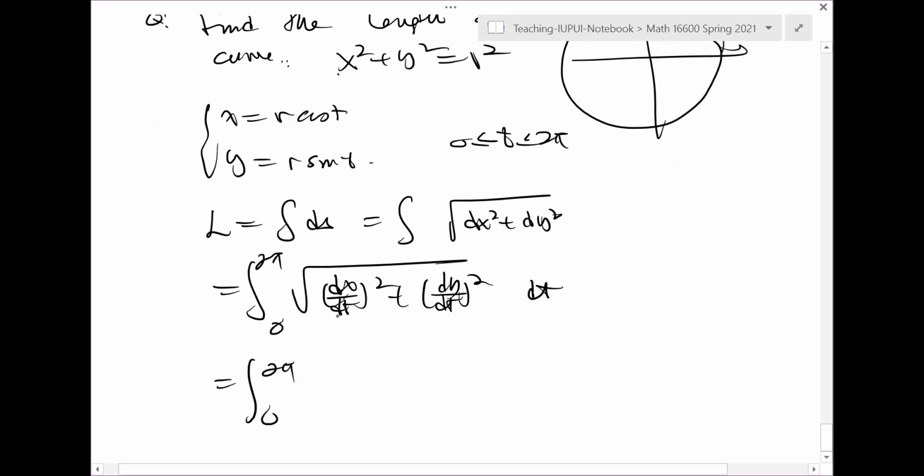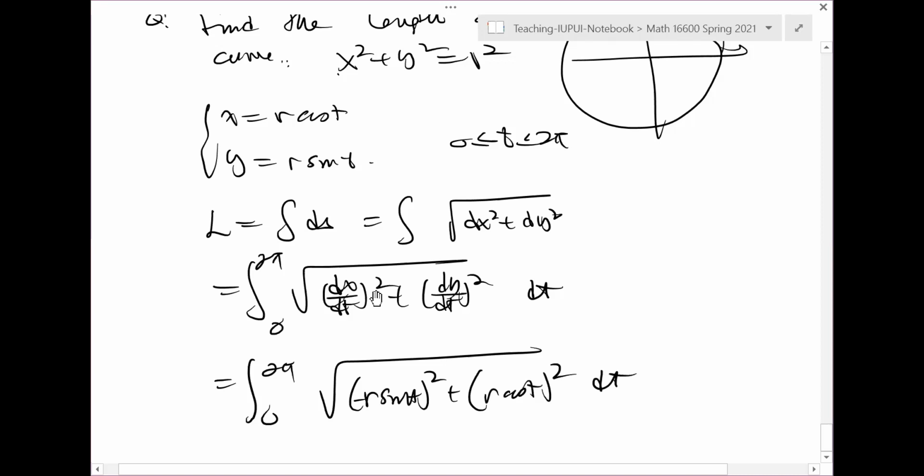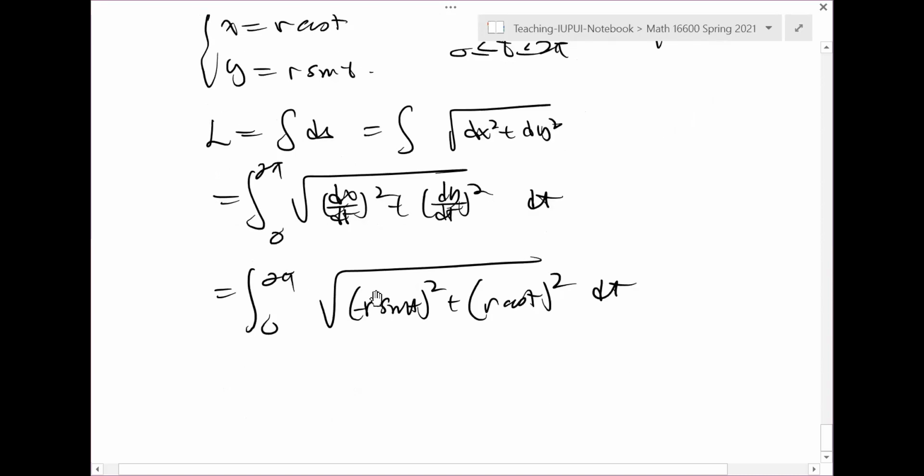All right, the derivative of x with respect to t is going to be r times negative sine t. The derivative of y with respect to t is r cosine t, squared, dt.